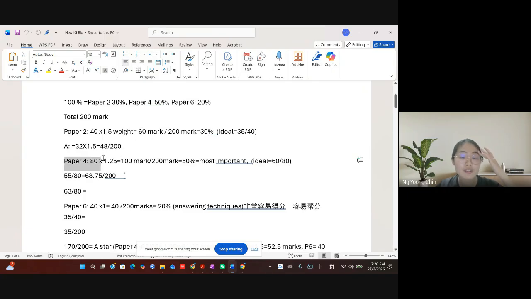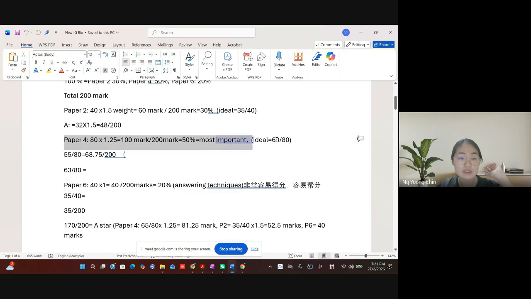And then paper 4, the total mark is 80. 80 times 1.25, this is the weightage. And then later you will need to divide by 200. So this is for paper 4, 80 times 1.25, you get 100.